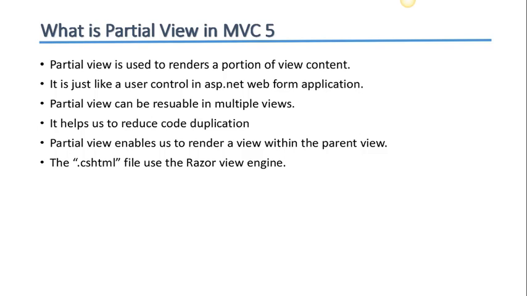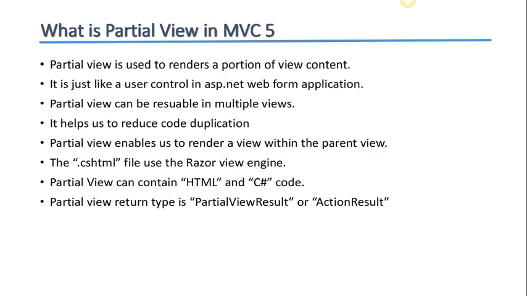The .cshtml is a combination of C# and HTML file. And the partial view can contain HTML and C# code. So we can write the HTML code, and also we can write the C# code inside the partial view.